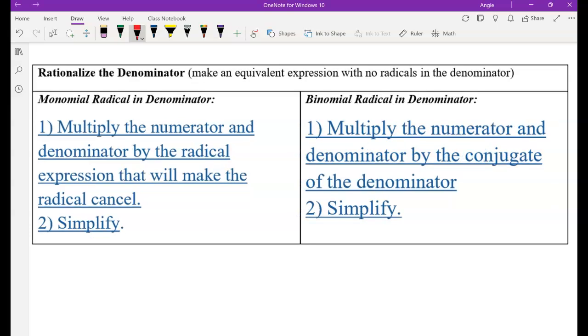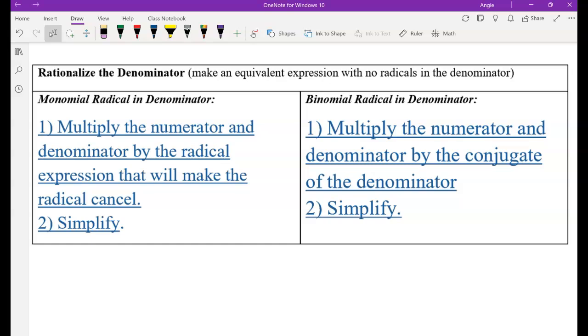Okay, so it says rationalize the denominator. Make an equivalent expression with no radicals in your denominator. So on the left side, monomial radical in the denominator. Monomial means one term. First, multiply the numerator and the denominator by the radical expression that will make the radical cancel. Then we always have to simplify.